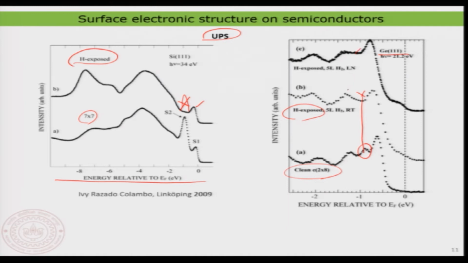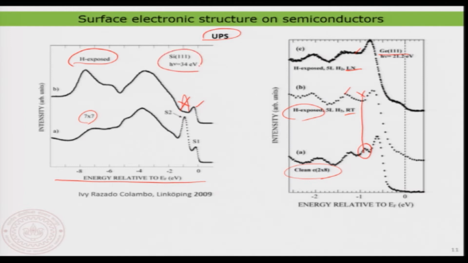These two are the same spectrum, one done at liquid nitrogen temperature and the other at room temperature, but you clearly see that one particular peak vanished upon hydrogen exposure, which indicates surface passivation, and the surface atoms have now reacted with the hydrogen that you exposed onto the surface. So that is the interesting thing.